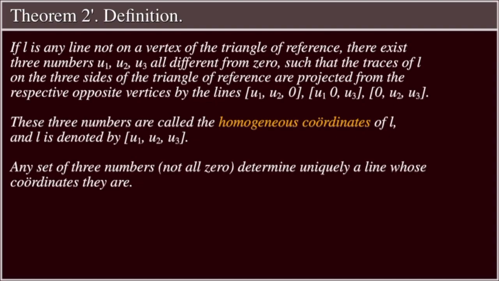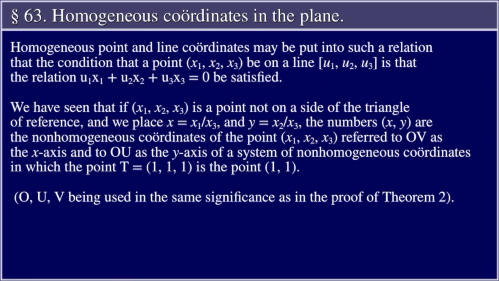Any set of three numbers, not all 0, determine uniquely a line whose coordinates they are. Homogeneous point and line coordinates may be put into such a relation that the condition that a point (x1, x2, x3) be on a line [u1, u2, u3] is that the relation u1x1 + u2x2 + u3x3 = 0 be satisfied.